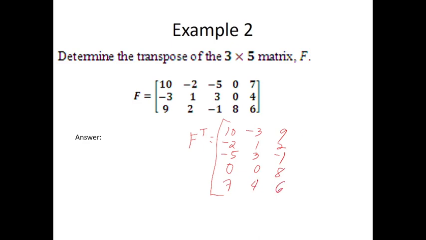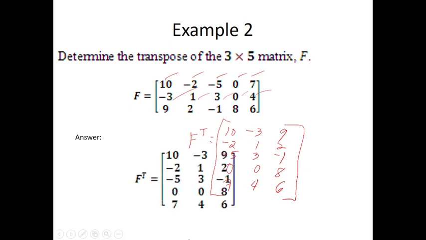So this will now be the transpose of the matrix F. 10, negative 2, negative 5, 0, 7 are now placed in column 1. Negative 3, 1, 3, 0, 4 are now placed at the second column, and so forth. So this is now the answer.